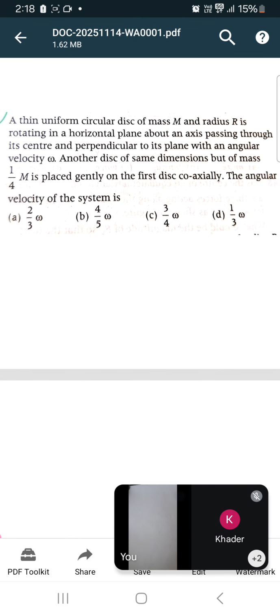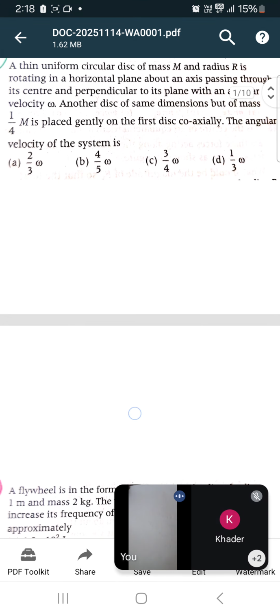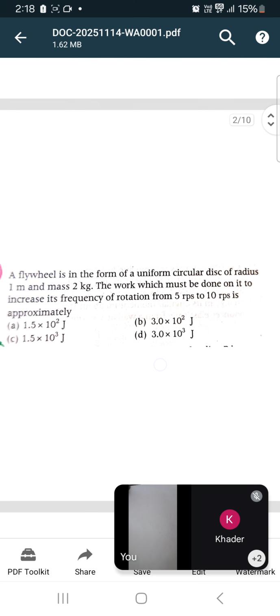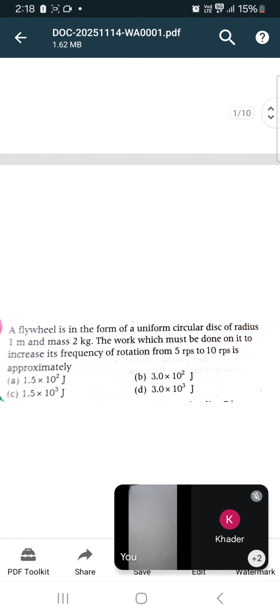Okay, next question. A flywheel is in the form of a uniform circular disc of radius 1 meter and mass 2 kg. The work which must be done on it to increase the frequency of rotation from 5 rps to 10 rps, that means revolutions per second.